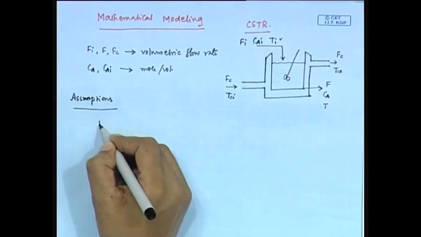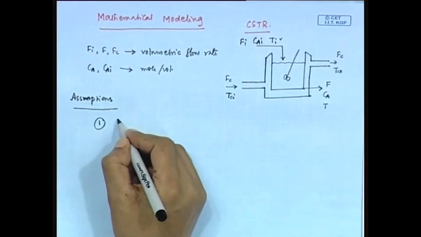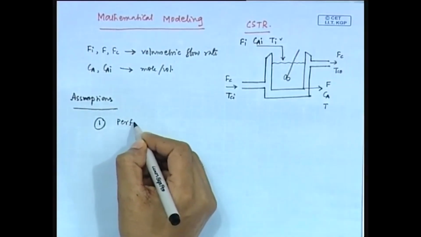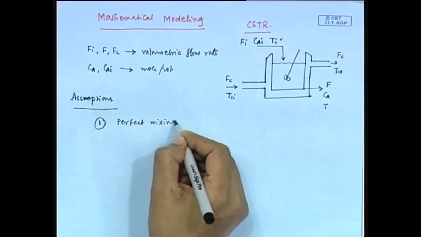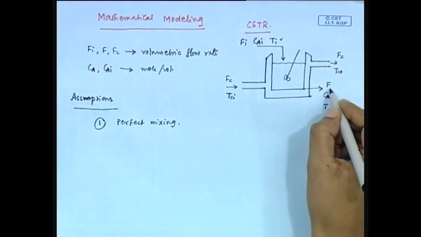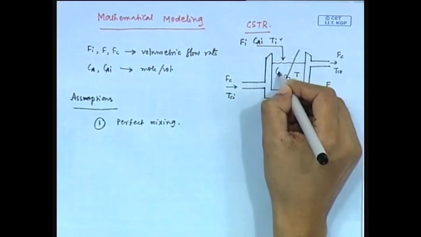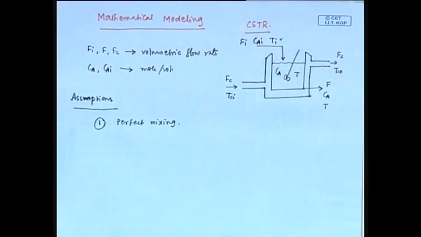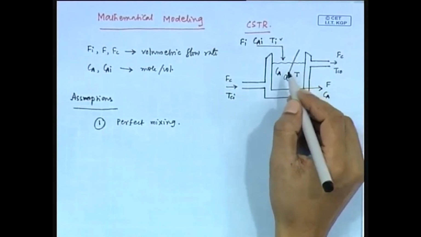First assumption is perfect mixing. That means the temperature of the outlet stream T and composition Ca are the same as those of the reaction mixture.